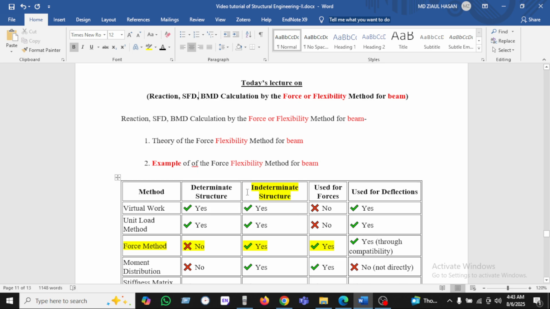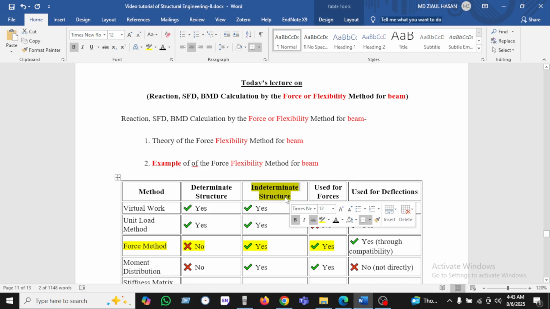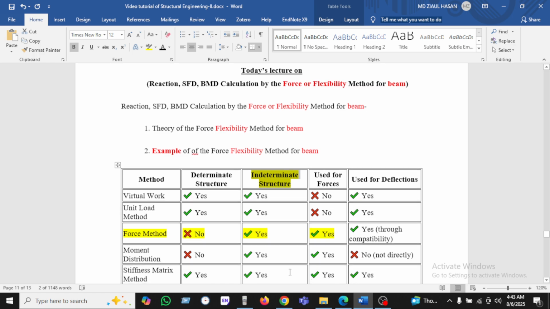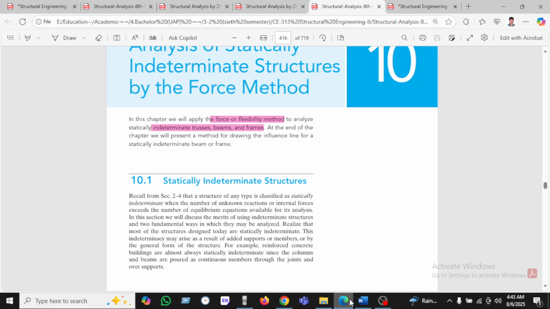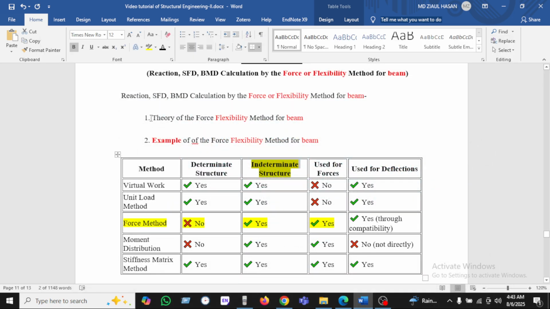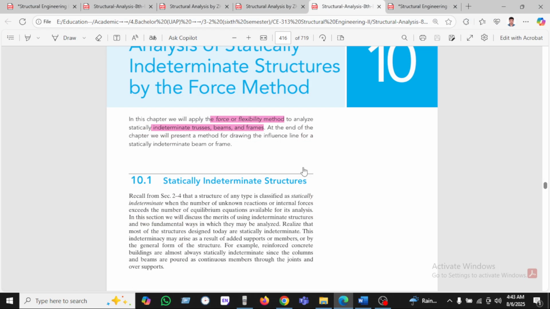So this is the first condition: it will be an indeterminate structure. It is a very important topic, so you must keep your concentration.